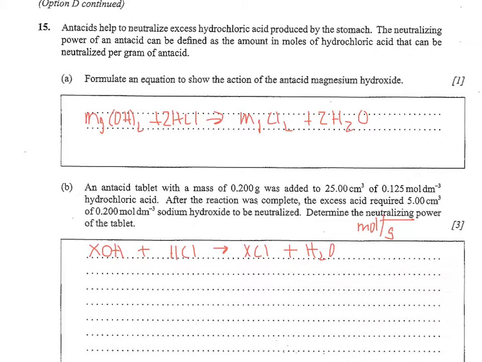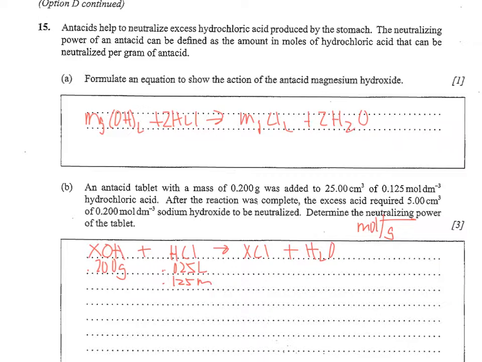And again, I'm not going to use molar ratio, so I'm not going to be concerned about what metal I happen to be using here. I'm using 0.200 grams of this, which I'll need a little bit later. I'm using 0.025 liters from the 25 cc's, and it's a strength of 0.125 moles.